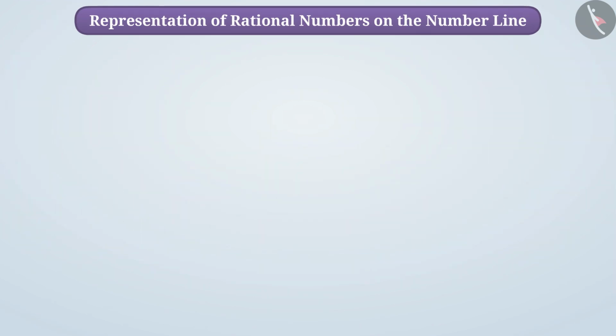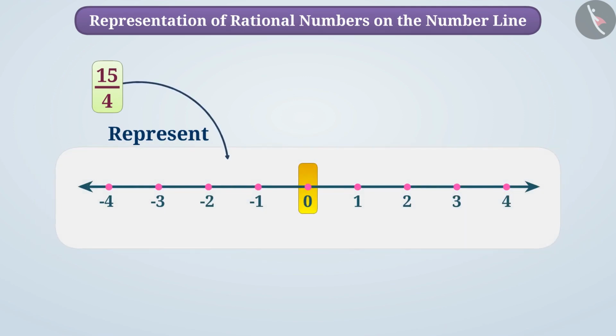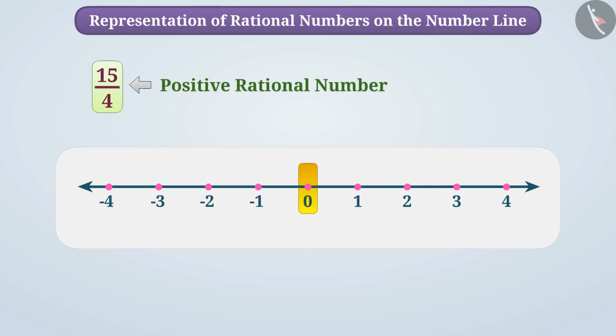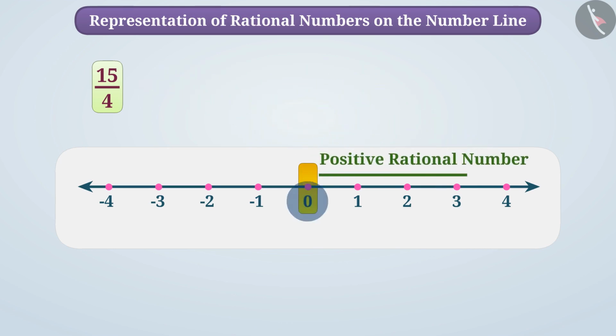Now, will you be able to represent 15 by 4 on the number line? Pause the video and try it. Let me tell you, 15 by 4 is a positive rational number, so it is to the right of 0. We can write 15 by 4 as 3 and 3 by 4.